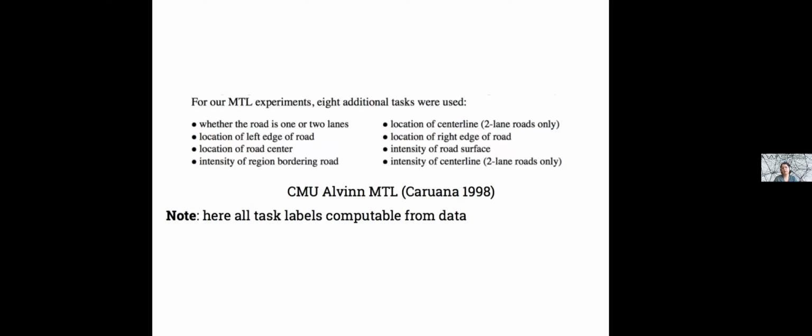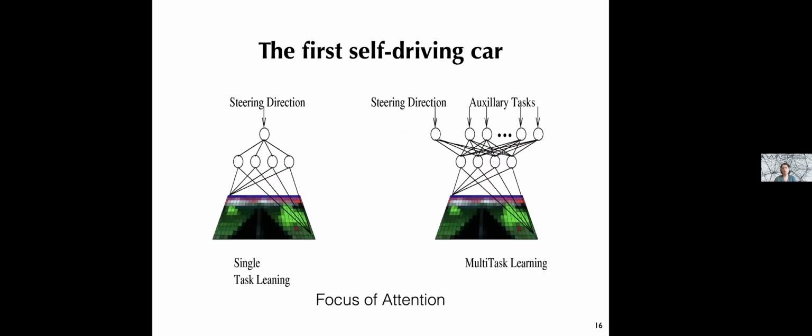So whether the road is one or two lanes, the location of the left edge, all these kinds of data properties were used and cast as auxiliary problems in order to improve the main task of devising the steering direction. So this was one of the early applications in machine learning to improve the steering direction prediction by adding these auxiliary tasks to the model.